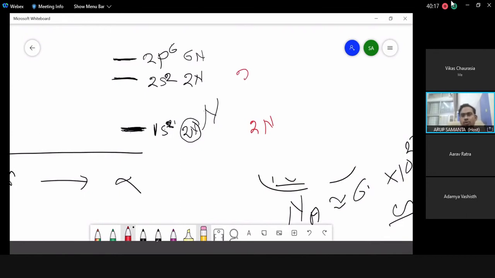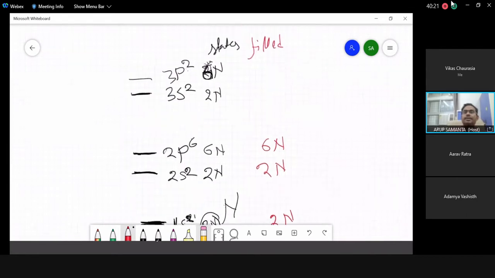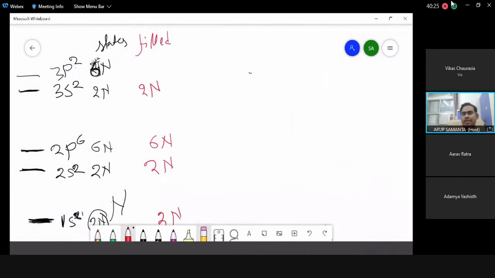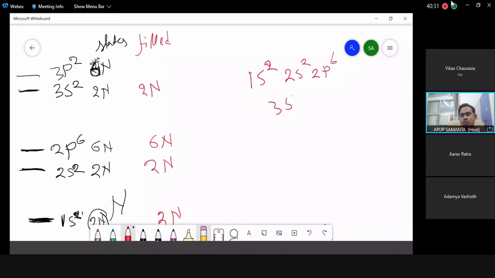This 2N is also filled, this 6N is also filled. Here 2N is filled for the silicon distribution. I explained earlier: 1s2, 2s2, 2p6, then 3s2 and 3p2. So these 6N states are available, but 2N are filled states.